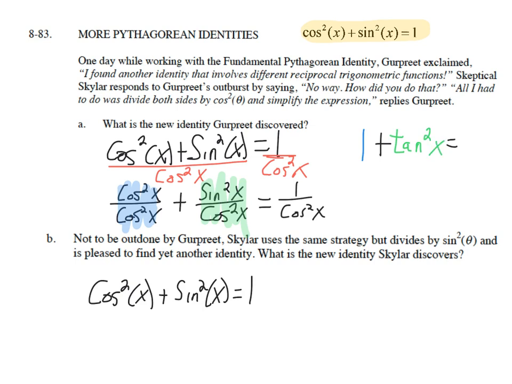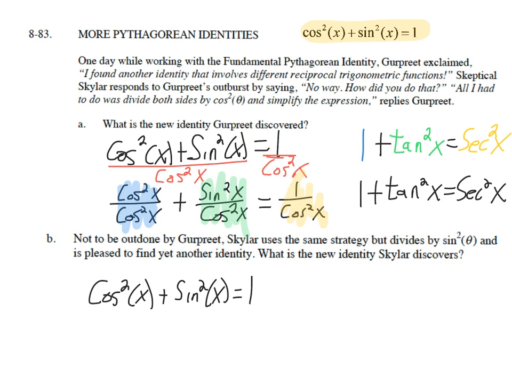Equals 1 over cosine squared x, that's the same as secant squared x. So we have a new property that we just proved: 1 plus tangent squared x equals secant squared x.